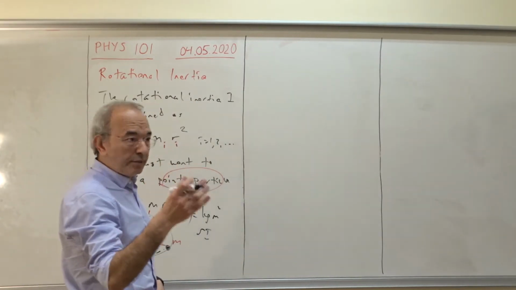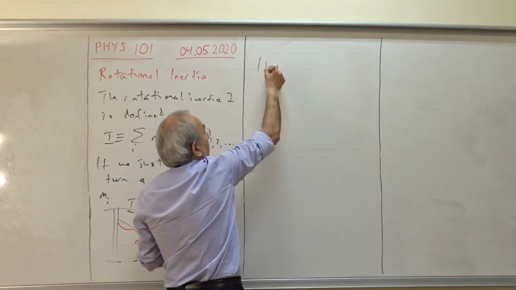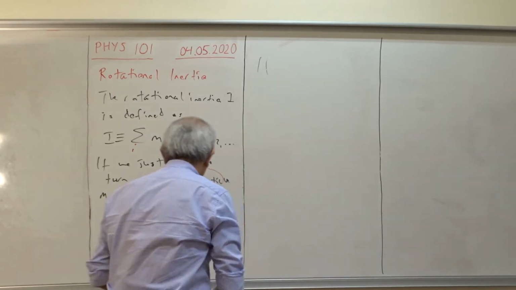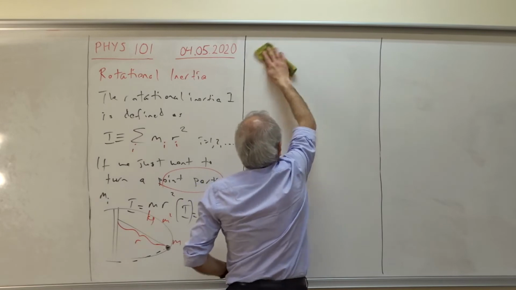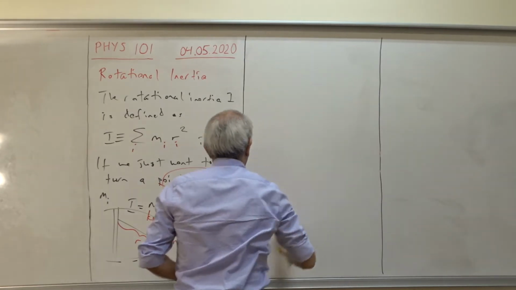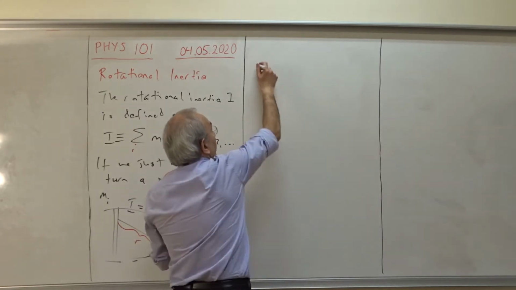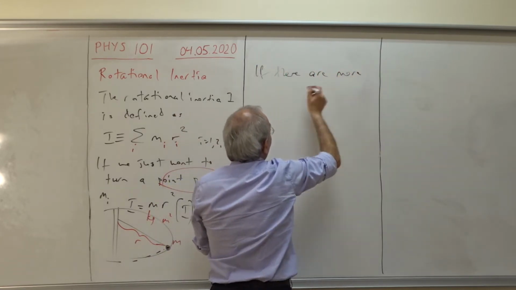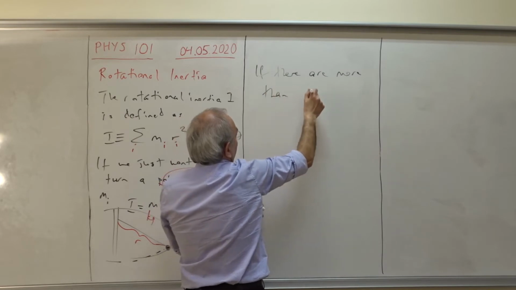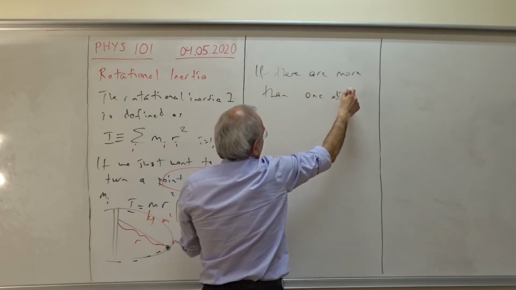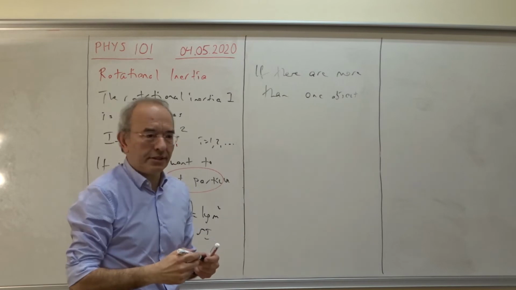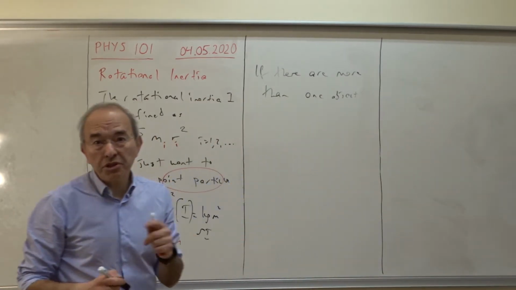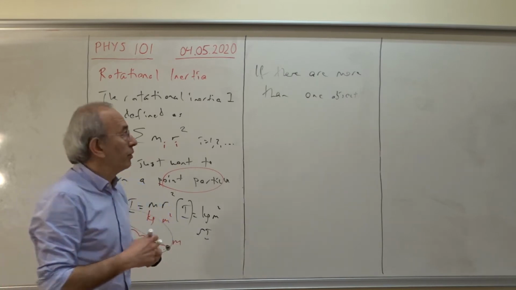If there is more than one particle in the system, each object is a point particle, a very small one, whose size is negligible with respect to the length of the rod from the axis.